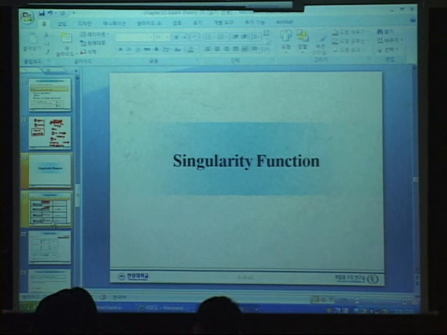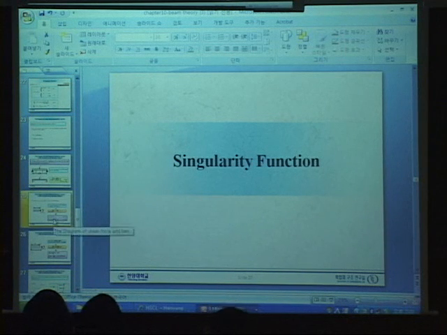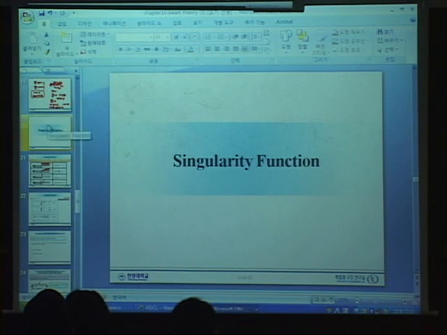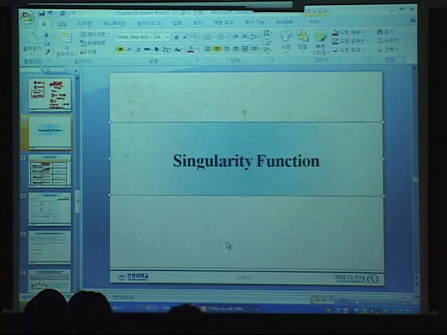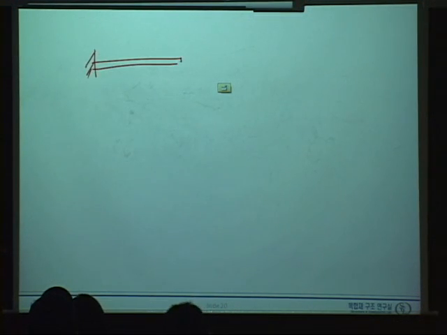Let's try a slightly different case. I will give you one case, which is Q0, a constant distributed load, Q0.